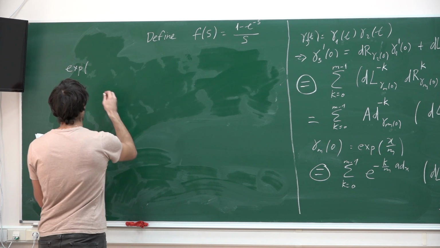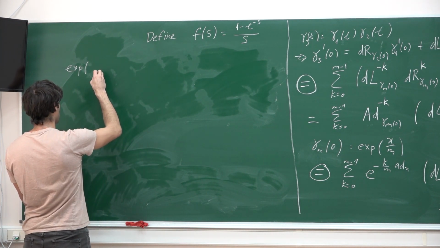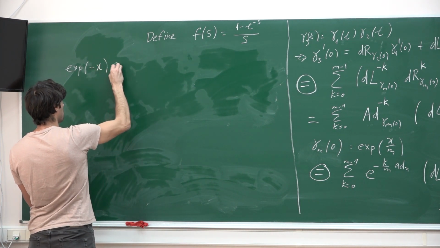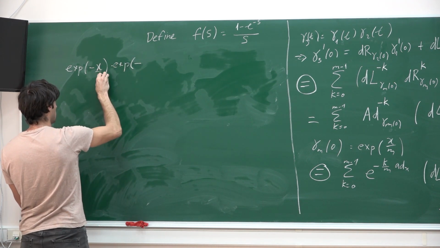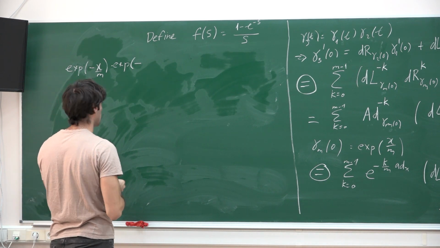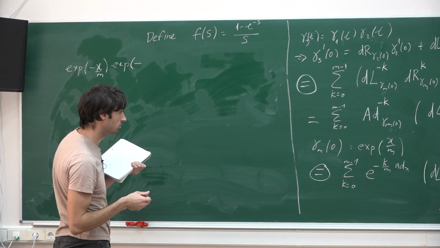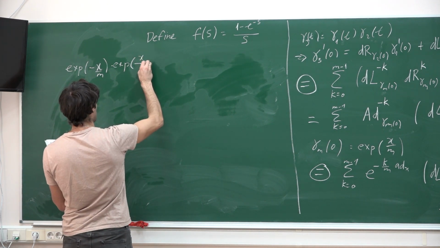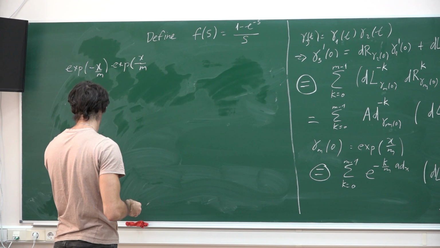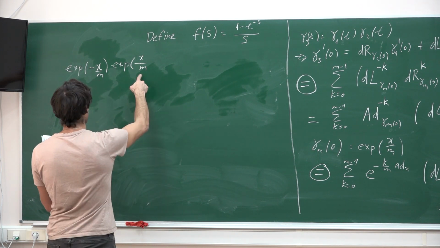Right, so gamma was this, gamma m, and then x over m. So this is gamma m.